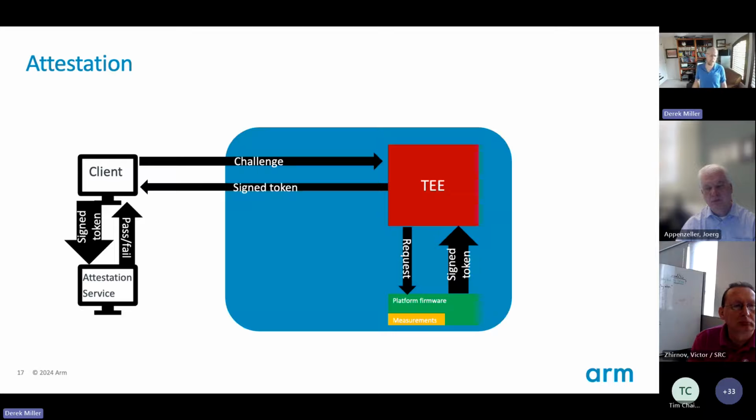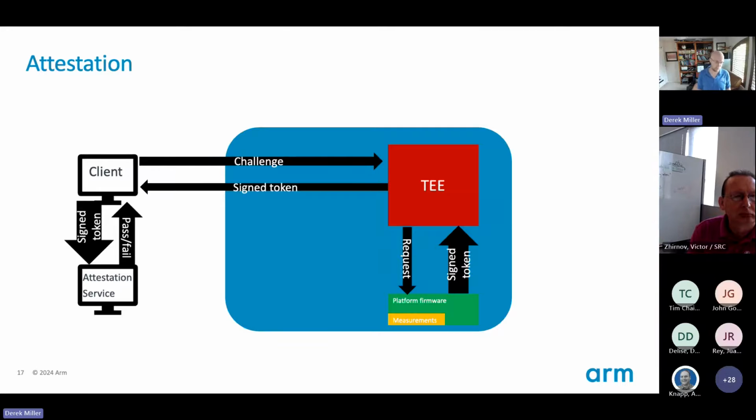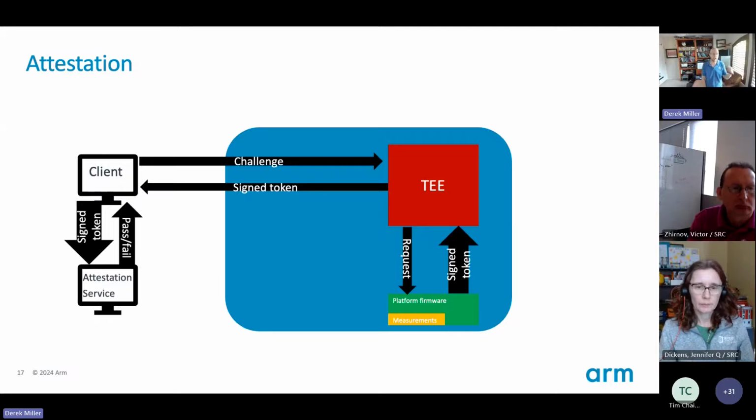The attestation service takes on a lot of different forms depending on the platform in use. For SGX version 1, every time you wanted to validate a token, you would have to go to Intel's attestation service to get the pass-fail result. For AMD SEV, when you get the signed token, you're actually not sending the token to the attestation service; you're sending effectively a device ID, and then it sends you back a key.